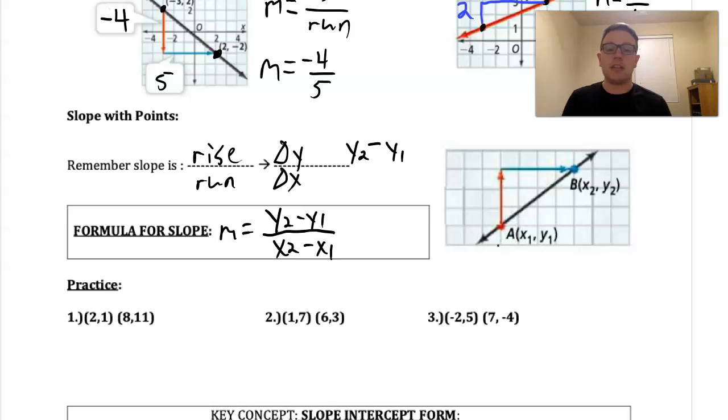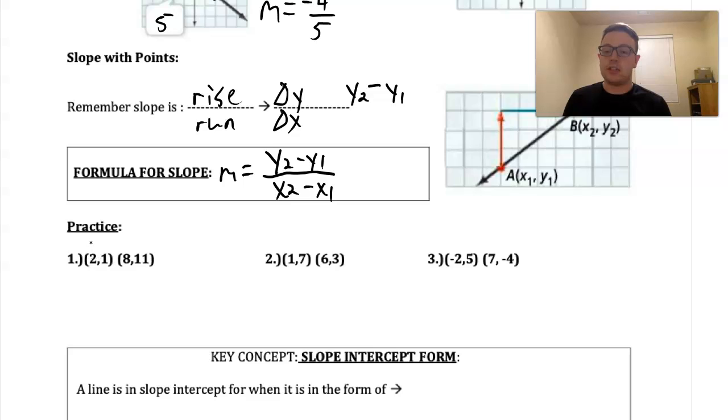Now remember, it doesn't matter which point you choose as x1 and y1 or x2 and y2, you just need to be consistent. So when we're practicing for something like this, we'll choose this to be point 1, this to be point 2. And then all we have to do is we say, well, our slope is going to be y2, which is 11, minus y1, which is 1, divided by x2, 8, minus x1, or 2.